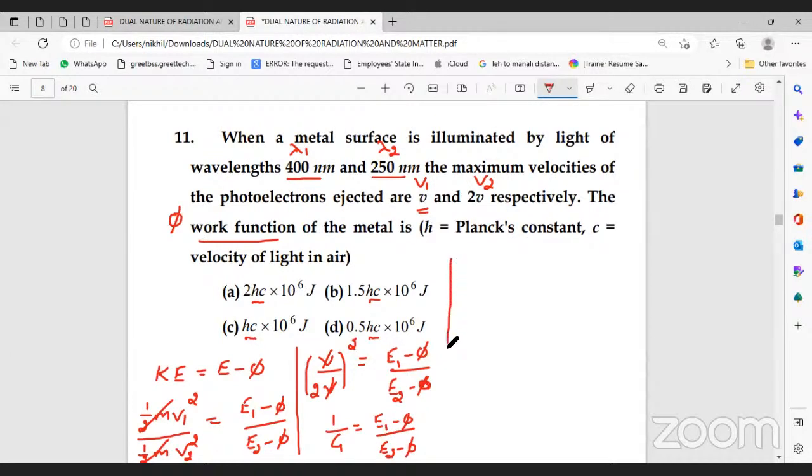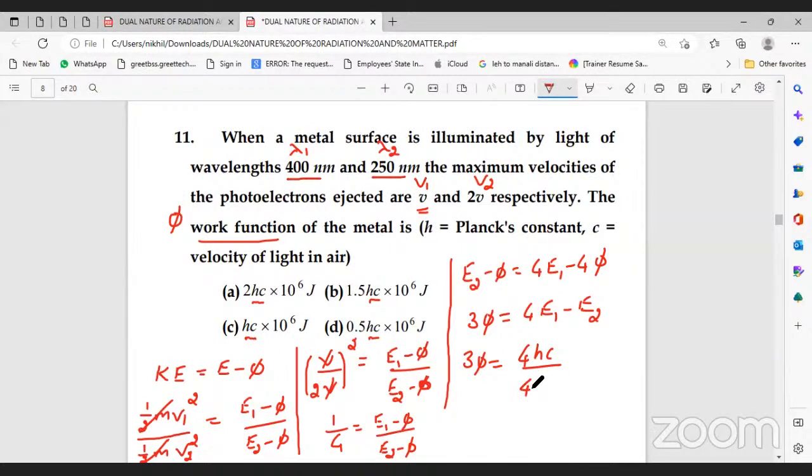If I go with the cross multiplication, E2 minus phi is equal to 4 times E1 minus 4 phi. Or I can say 3 phi is equal to 4E1 minus E2. E1 is hc by lambda 1, which is 400 into 10 power minus 9. E2 is hc by lambda 2, 250 into 10 power minus 9.